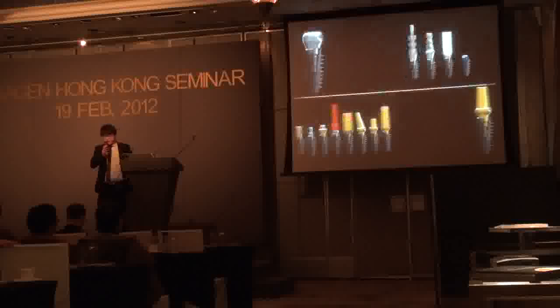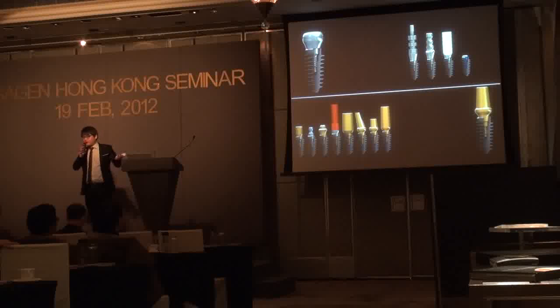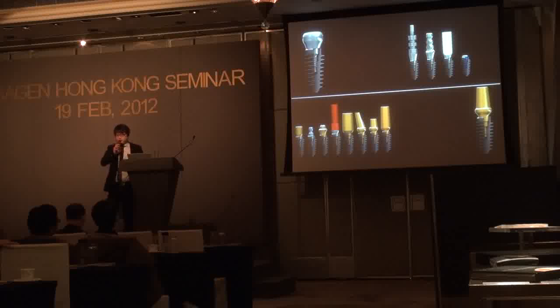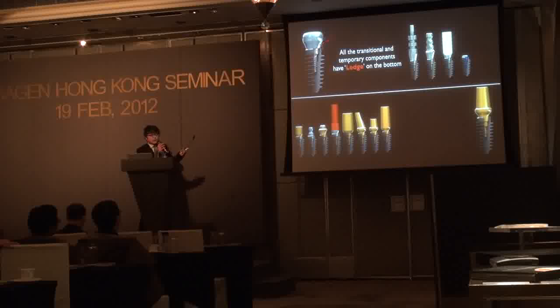And also the other question was about temporary components like temporary cylinders, impression copings or healing abutments. If they have a strong connection, it will be very difficult to connect and reconnect. So the transitional and temporary components have a ridge like that here, so they will not have any strong connection.